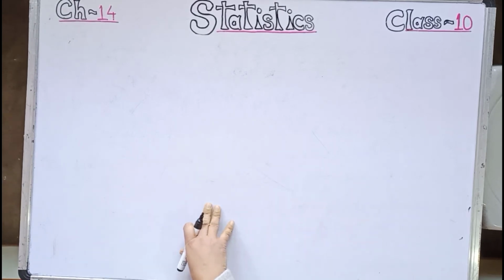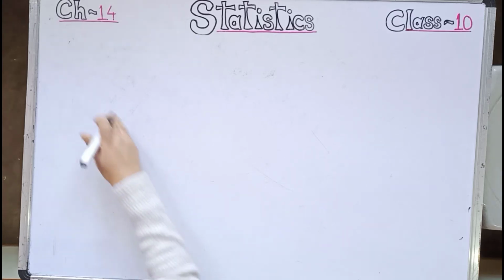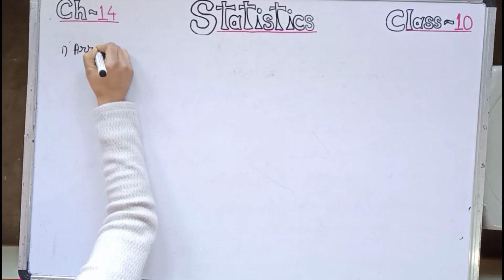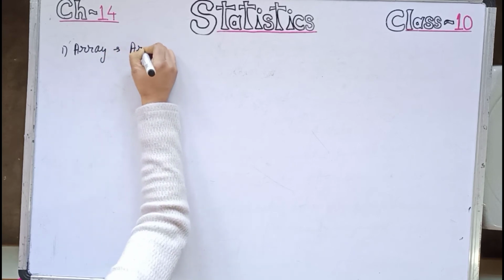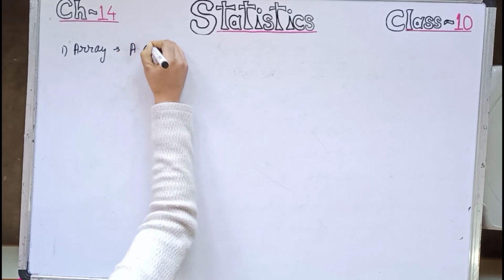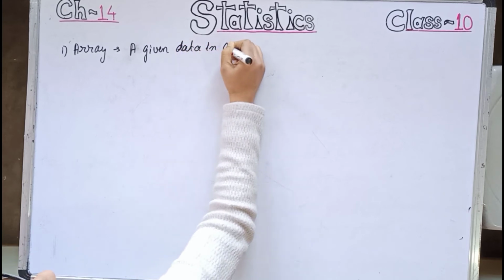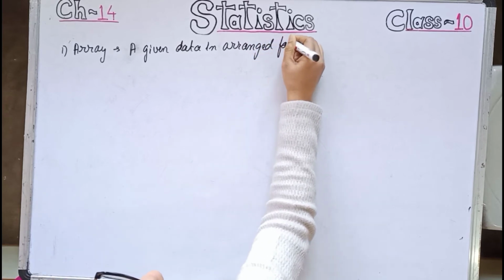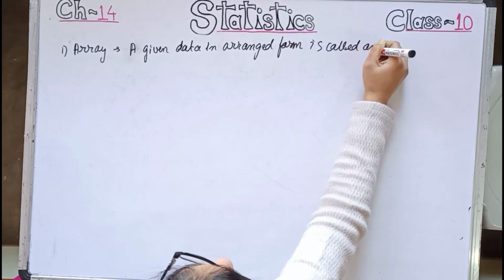Topic 1. Before starting the main topic, that is grouped data, let us know something you may be familiar with: array. A given data in arranged form is called an array.